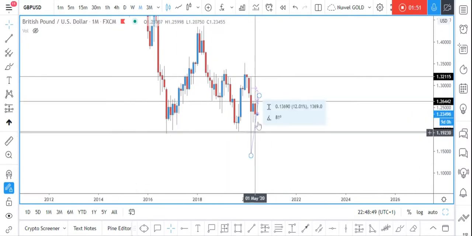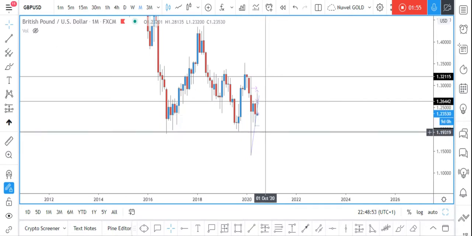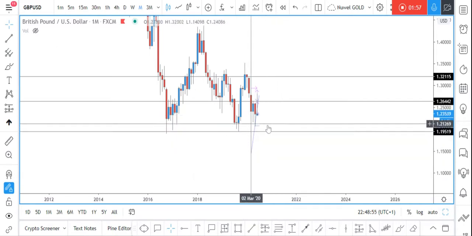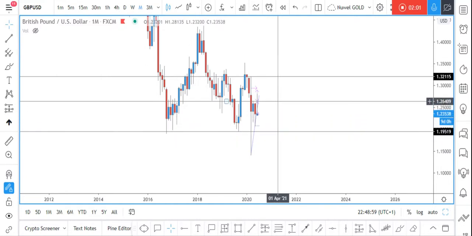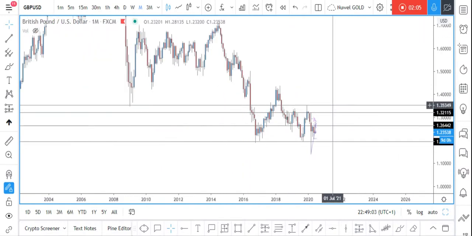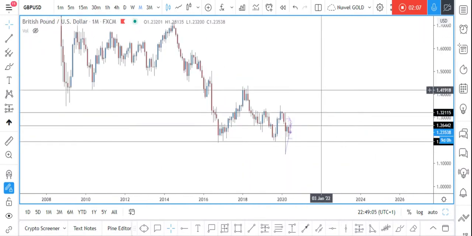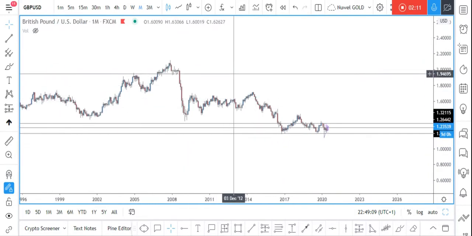However, if we don't get this, if we come down here, maybe get another rejection from the 1.1950 support level, get a good rejection, then maybe we can potentially see pound going back up to 1.3200, as the case may be.